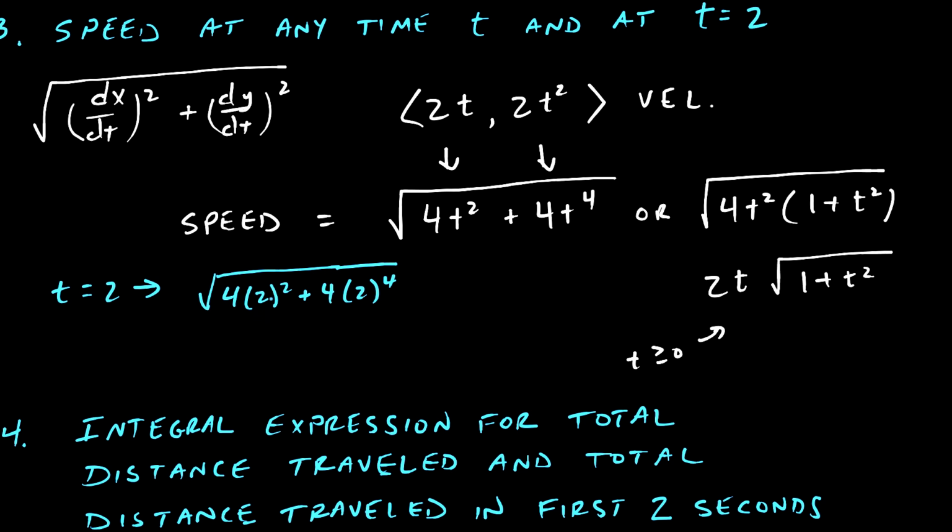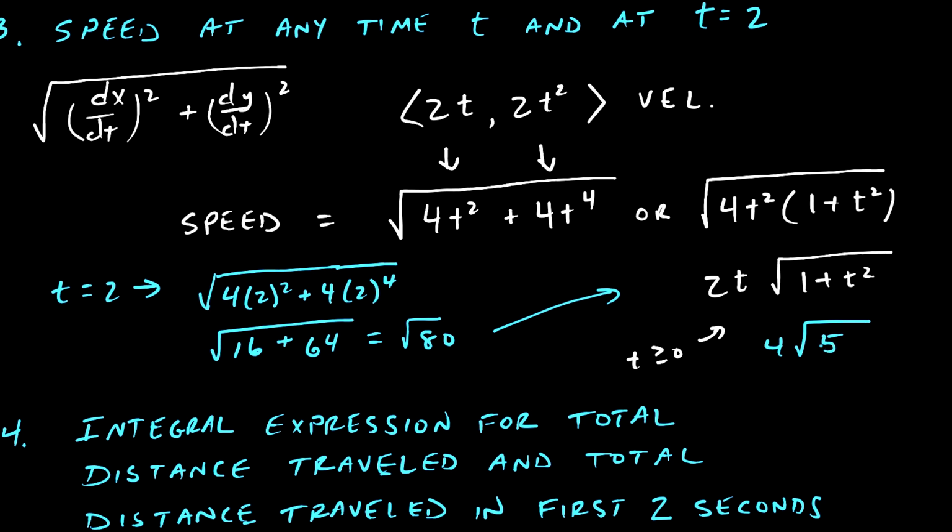And we have 16 plus 16 times 4, which is 64. We'll have the square root of 80. And if we use our other form, we would simply see that we would have 2 times 2, which is 4, times radical 1 plus 2 squared, so 4 root 5, which is the same as root 80.